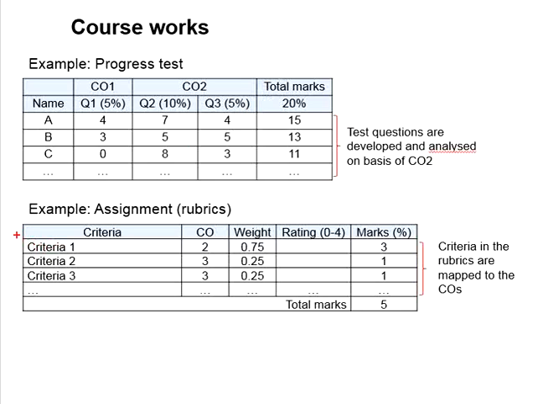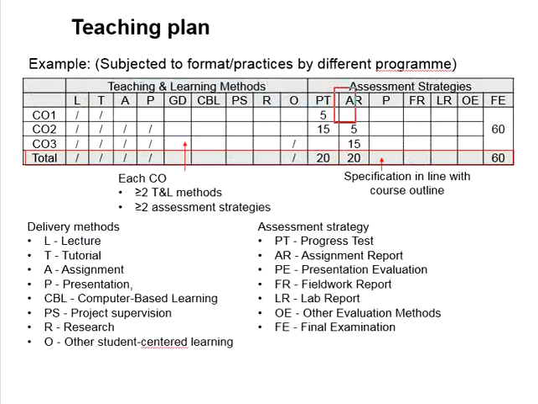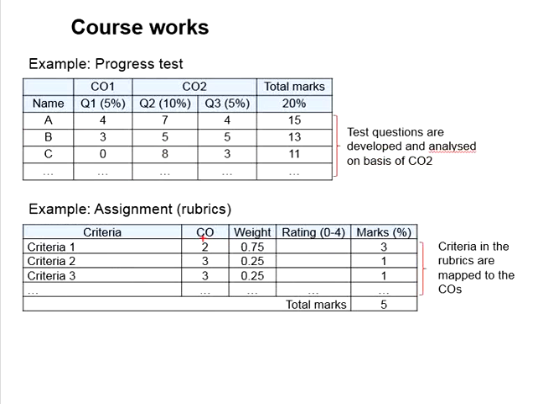Some criteria are obviously more significant and important than others. You can give them a larger weightage. Since you have your assignment designated for CO2 and CO3 in this case, you will have to clearly identify which criteria is meant for which CO.